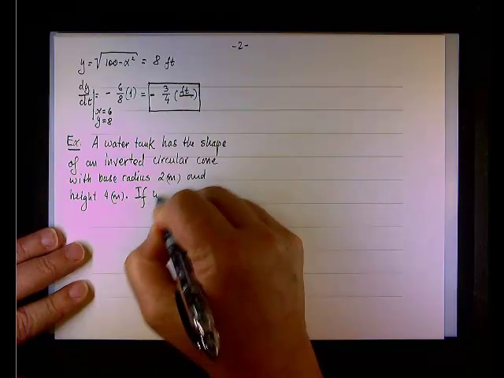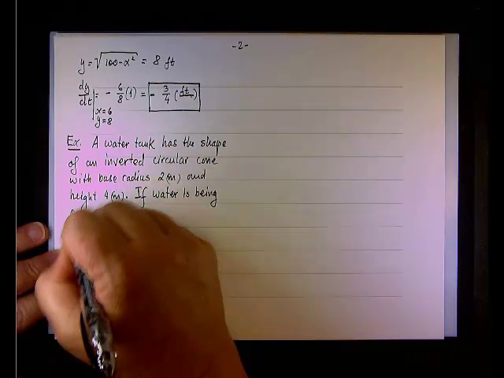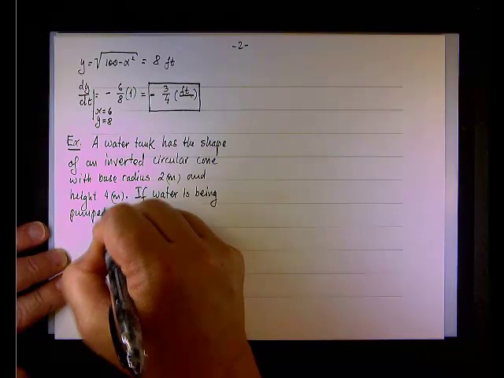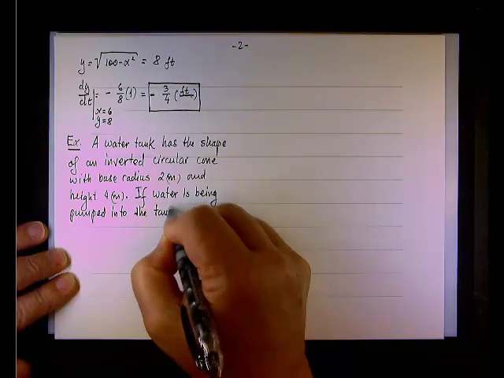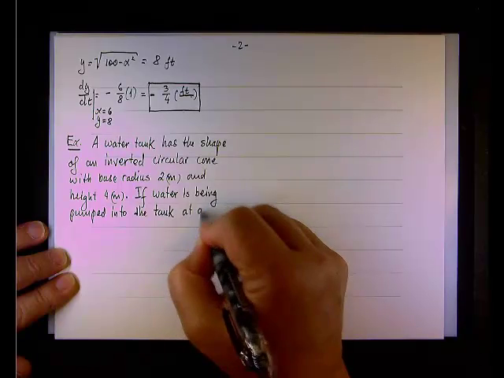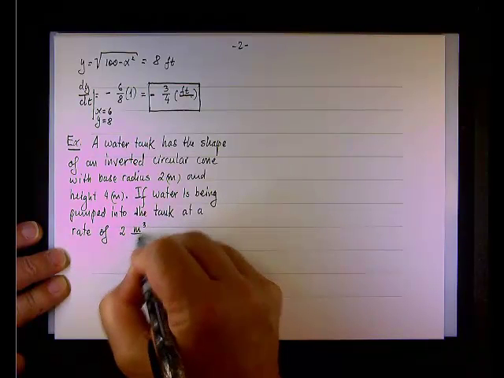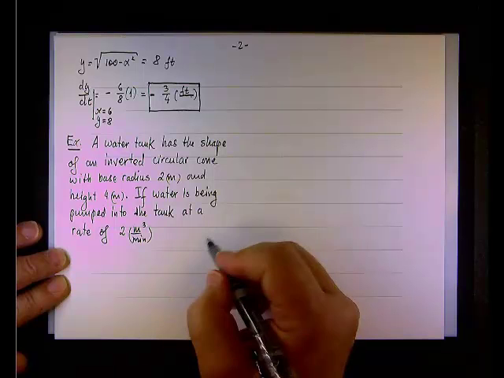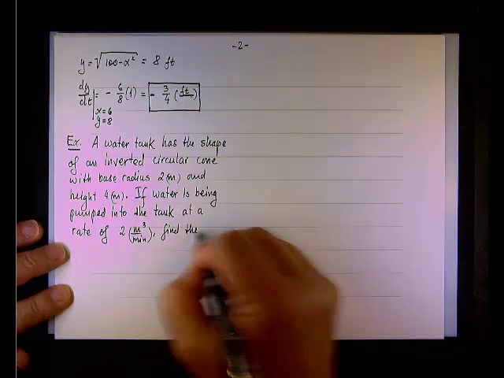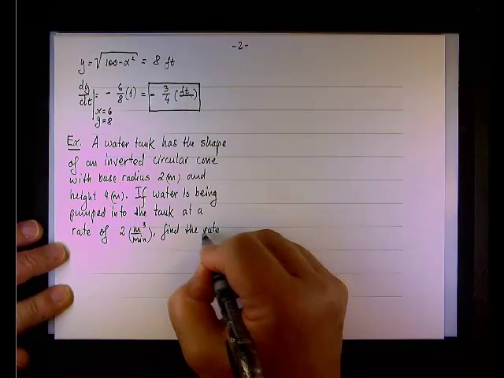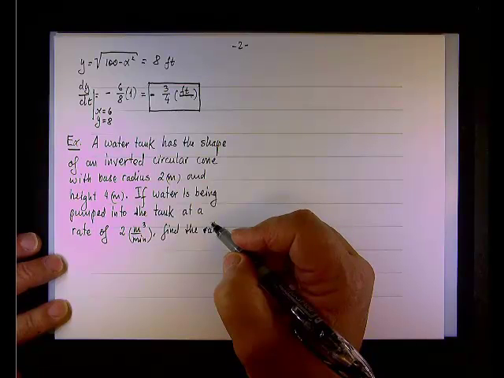If water is being pumped into the tank at a rate of 2 cubic meter per minute, find the rate at which the water level is rising when the water is 3 meter deep.